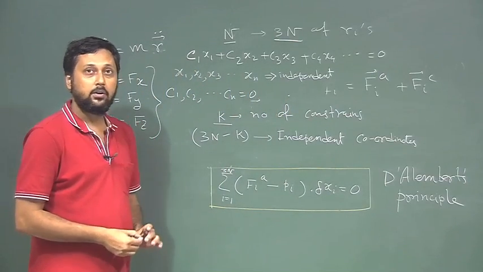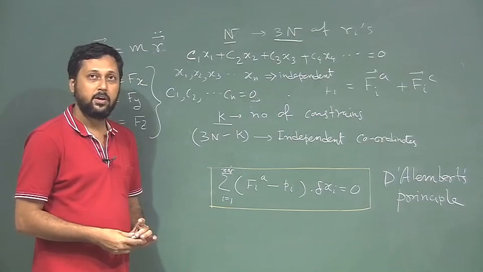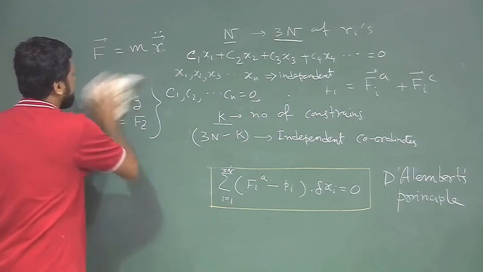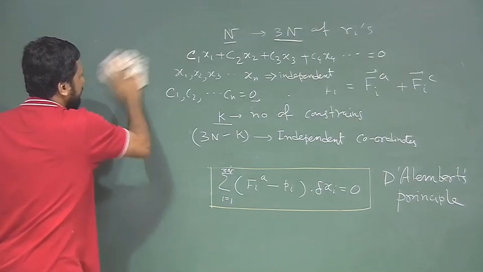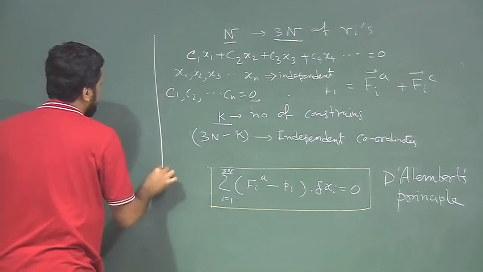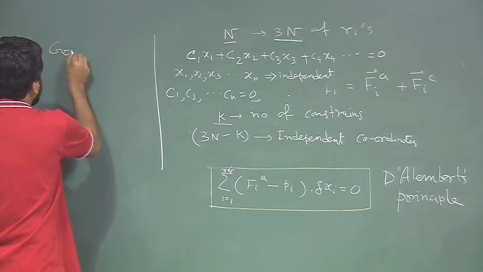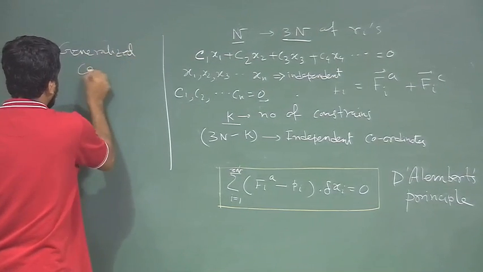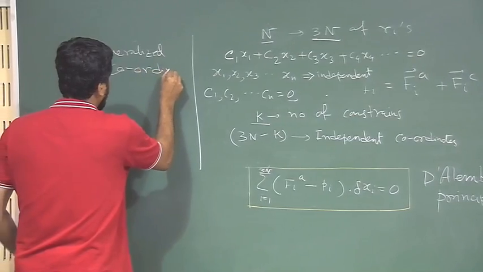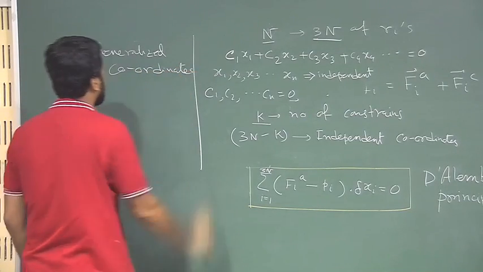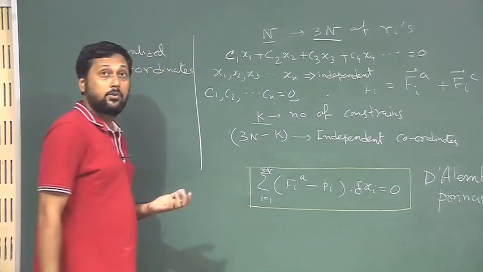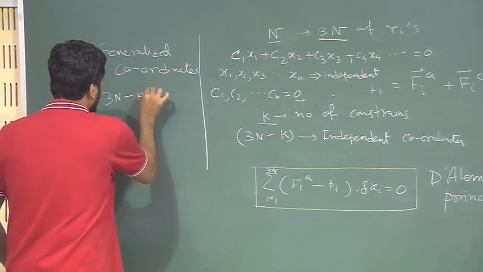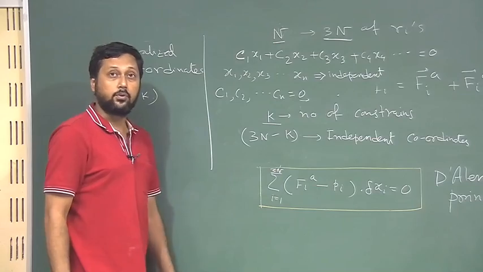What do we need in order to circumvent this problem? We need something called generalized coordinates. How many generalized coordinates do we need? We need 3n minus k generalized coordinates.